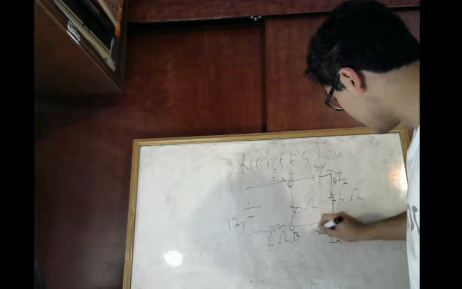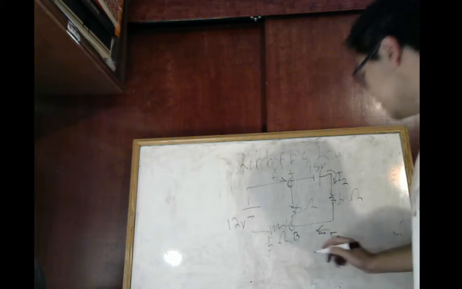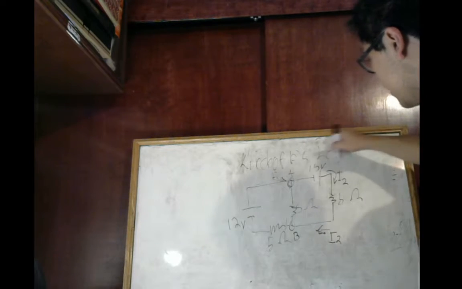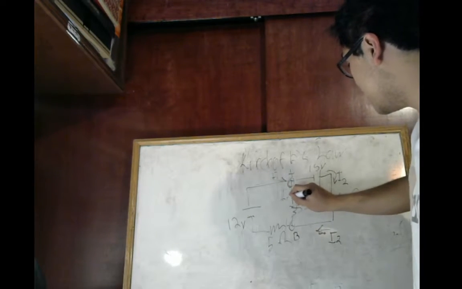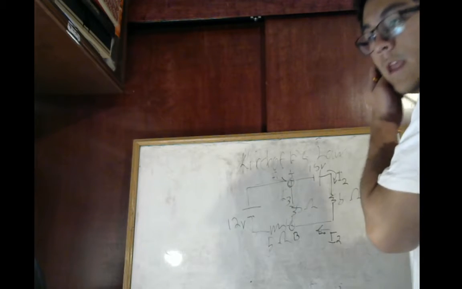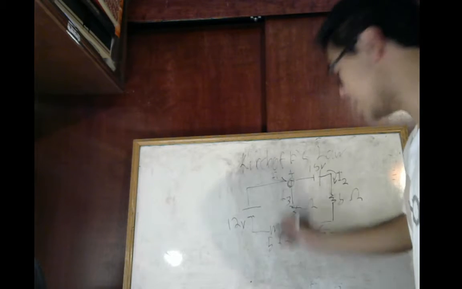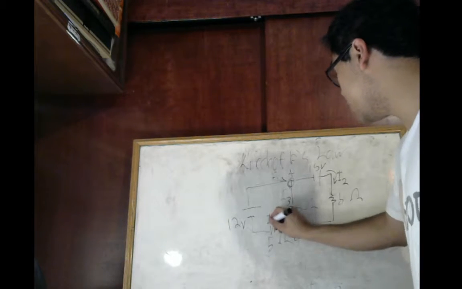Sorry, my awful drawing. As you see, this separates, so this one goes to I2, this one goes to I3, and this one, again, because of the conservation of energy, will be I1 again, right?